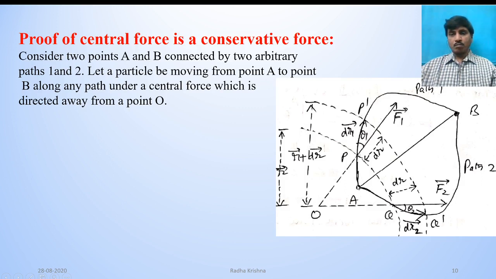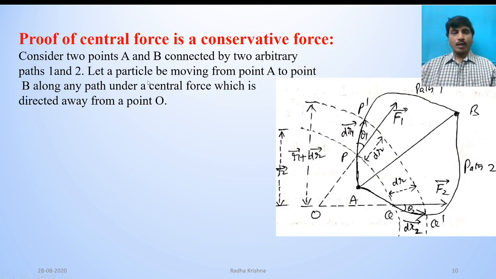This is path 1, A P dash B. This is path 2, A Q dash B. These two are arbitrary paths.